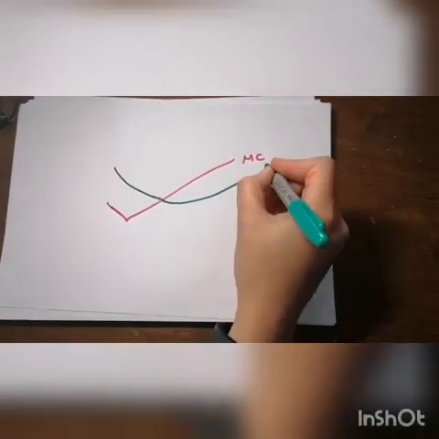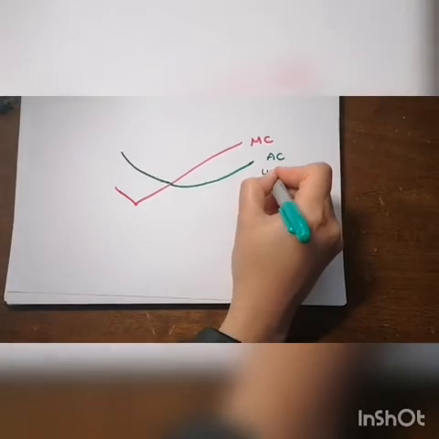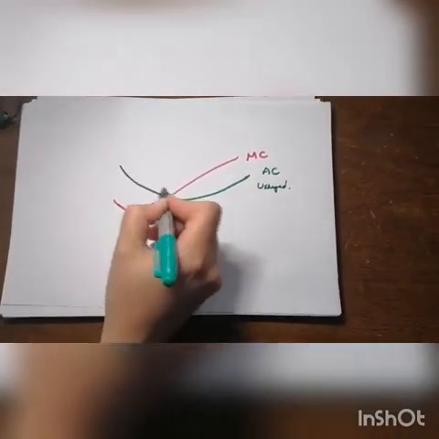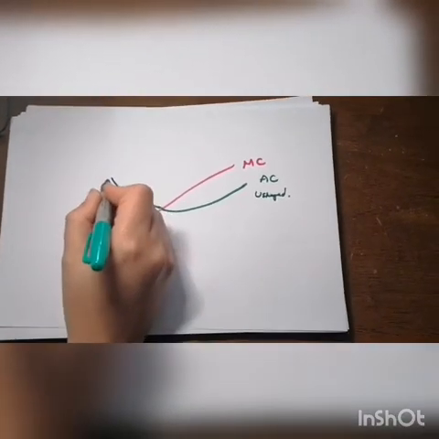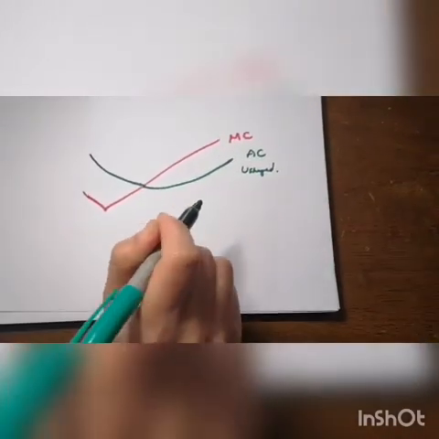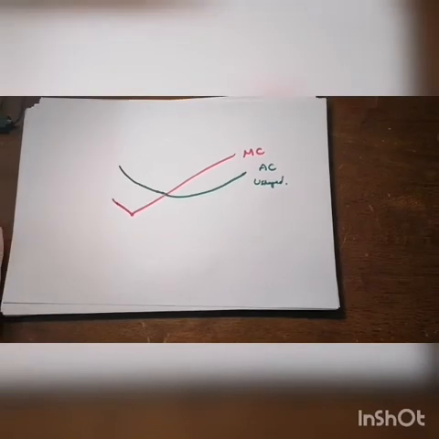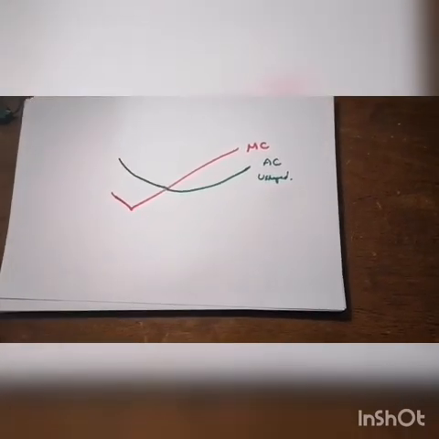As you can see, this becomes U-shaped. Why? Because the marginal cost is pushing it first downwards and then pulling it upwards. The costs start to increase later on as output increases and the law of diminishing marginal returns sets in.